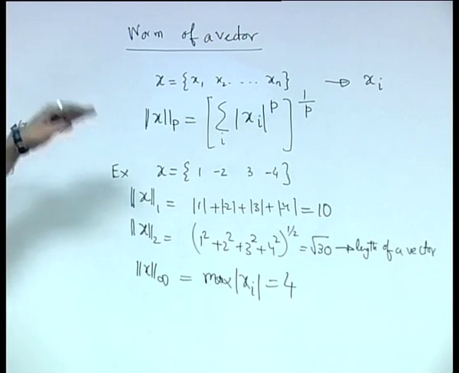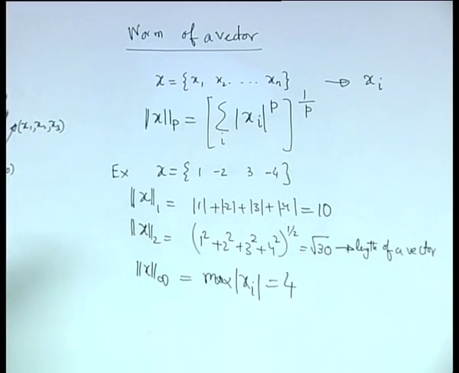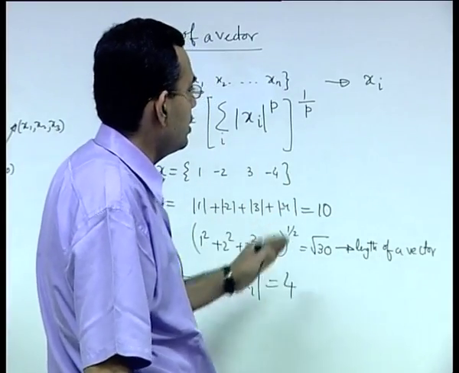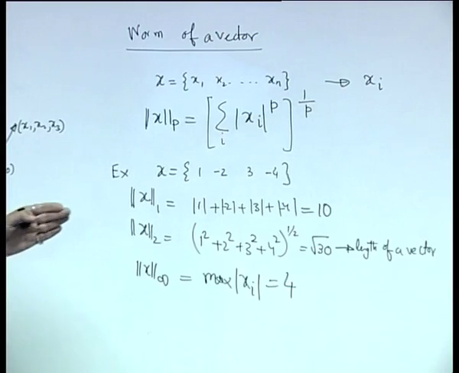There are different other possible definitions of norms, we will not go into that, we will consider this as one of the very basic definitions, and we will next try to extend this to the concept of norm of a matrix.